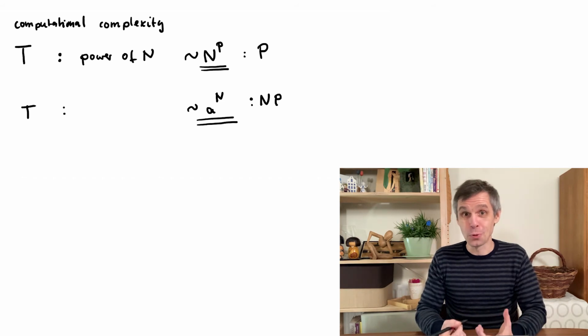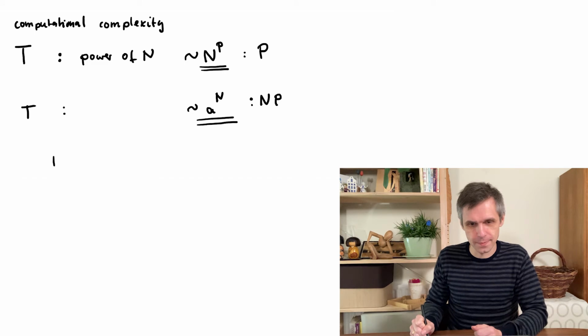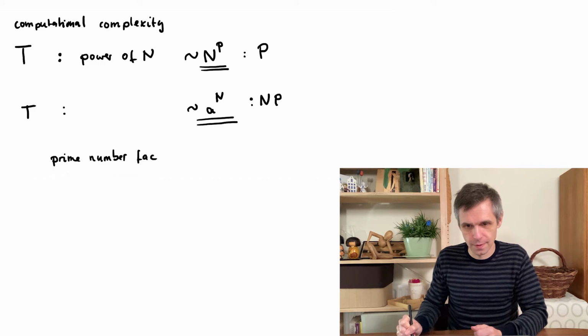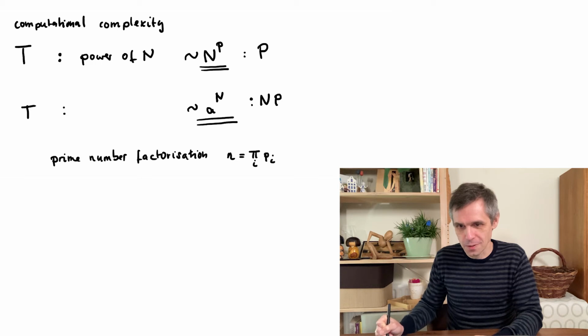And the probably most important example of this is prime number factorization. Where we start from some integer n and set out to write it in terms of its prime factors.